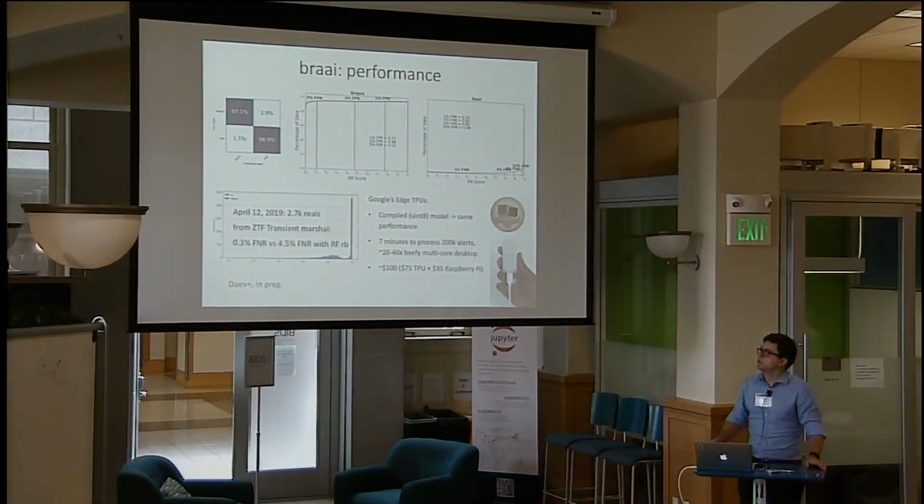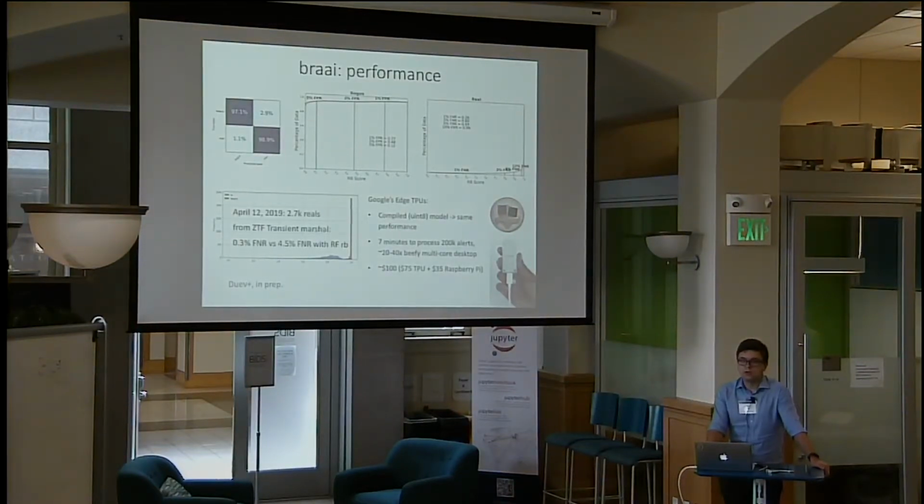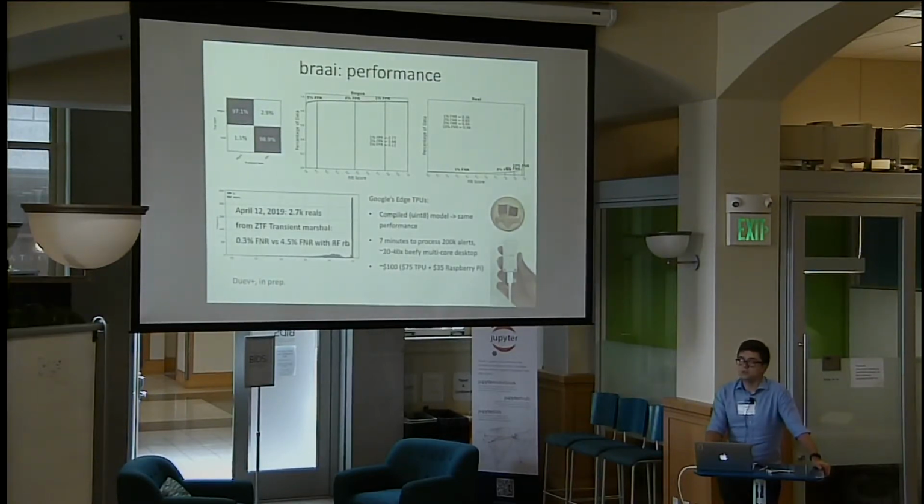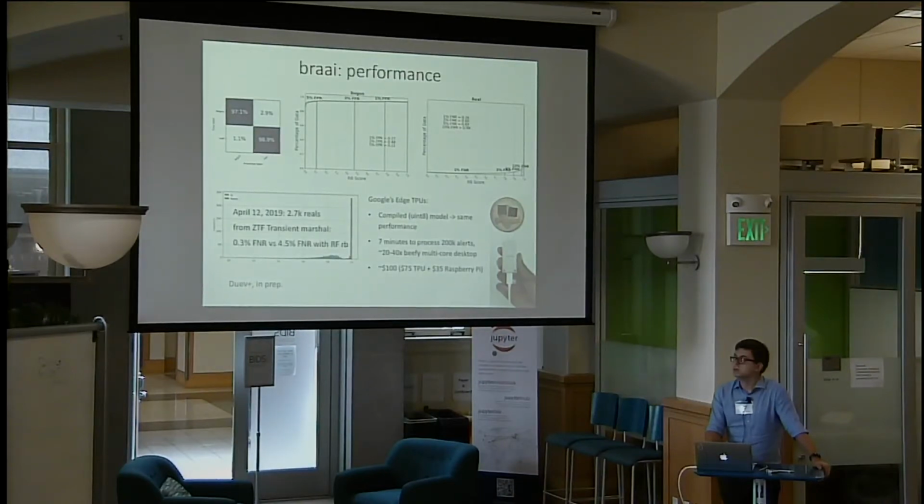A really cool thing that we recently did: we took that model and compiled it to run on this new type of machine learning oriented devices called edge TPUs that Google sells for $75. You have to do a couple tricks.